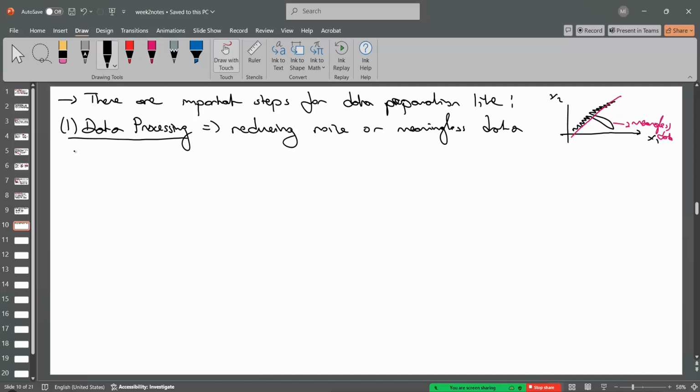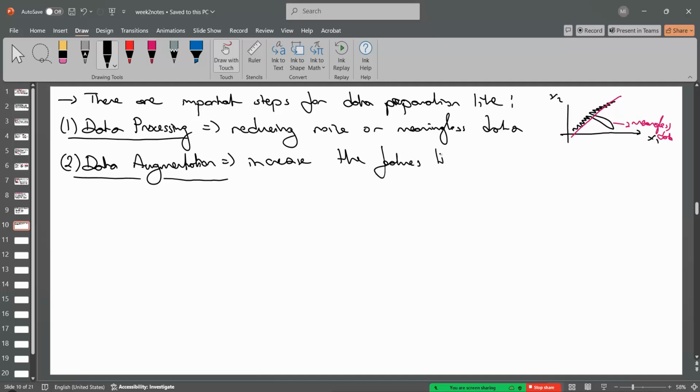After that, in order to increase the performance of the ML algorithms, we augment the data and increase the features. For example, if we have a human picture, just like this one, we can train on this picture in terms of the pixel values, RGB codes. But we can also rotate this human like this. This is the same human, but rotated.